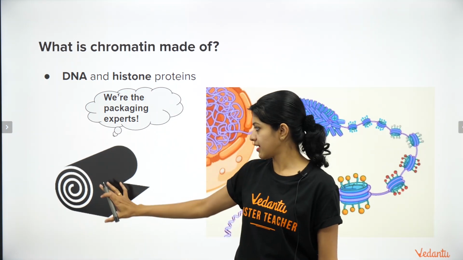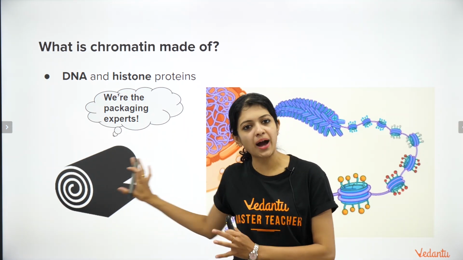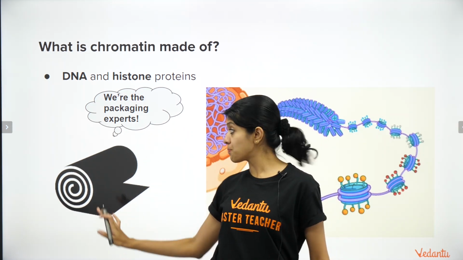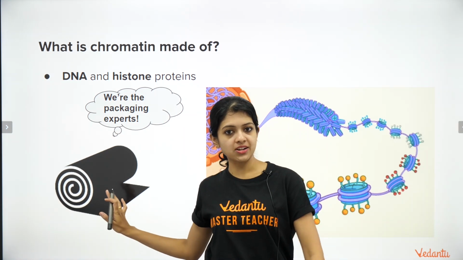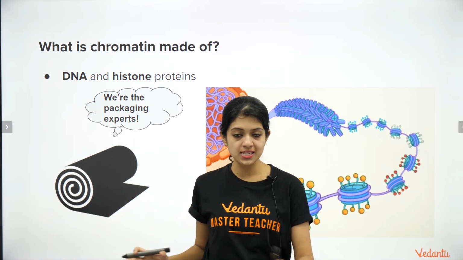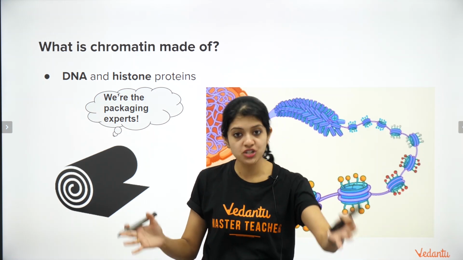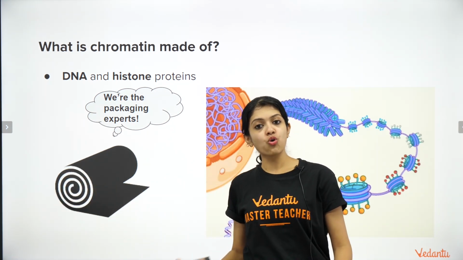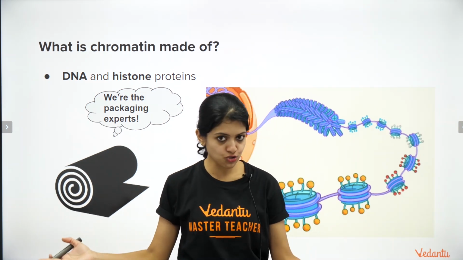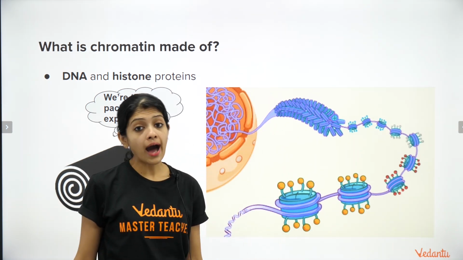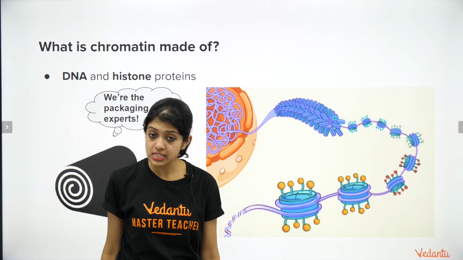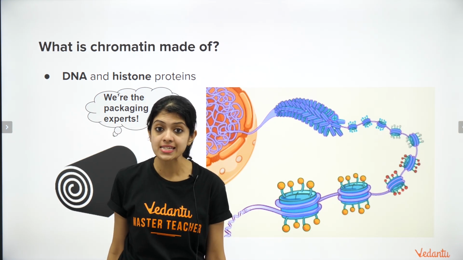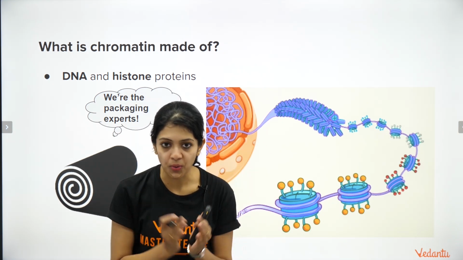Now, this is not part of the cell, but you must have seen packaging rolls like these, right? Like those packers and movers, when they come, if you have ever shifted, you would certainly have seen a lot of rolls like these. That is what packaging experts use. So who are our cell's packaging experts? They are in fact the histone proteins.